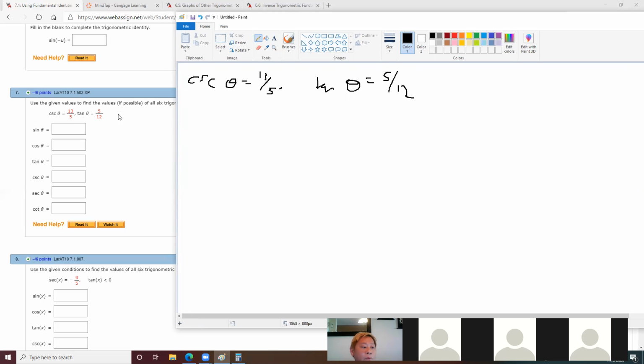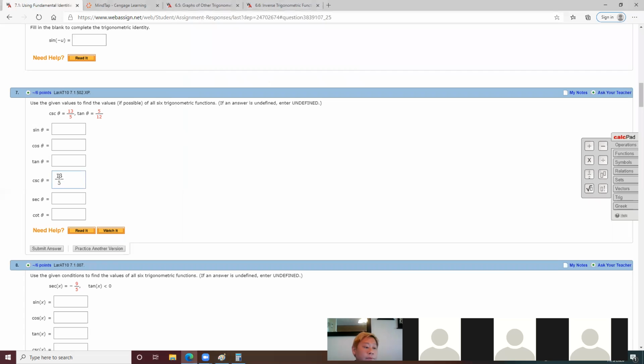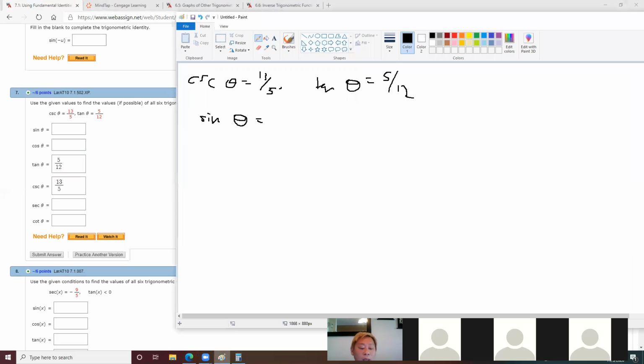Can you guys figure out what sine theta is? Cosecant theta is already given to us, 13 over 5, and tangent theta is already given to us, 5 over 12. These are already freebies. So can someone tell me what sine theta is in this case? This is not difficult.